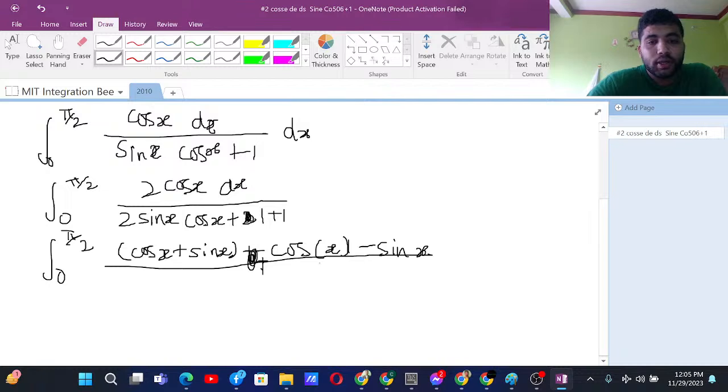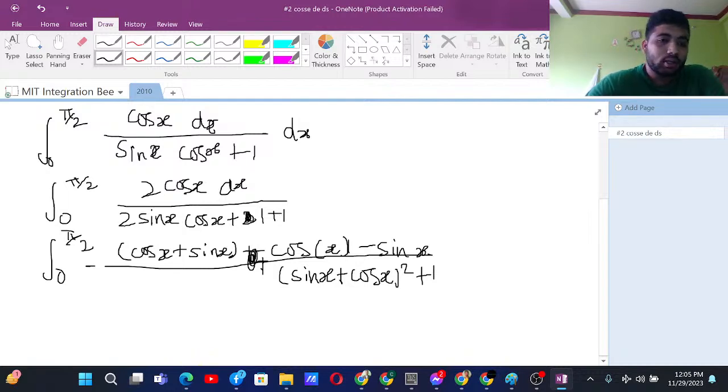And over here the manipulation will be sin x plus cos x whole square plus 1, and over here we will first take a minus sign, and then we will have minus 2 sin x cos x minus 1, and then again minus 1.